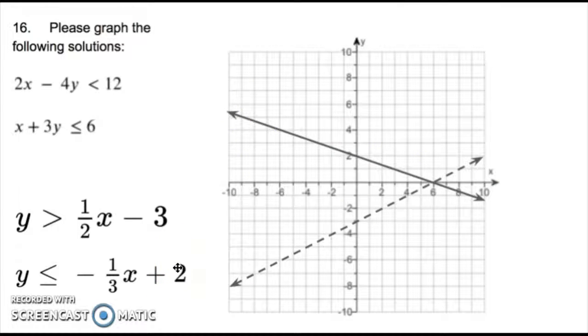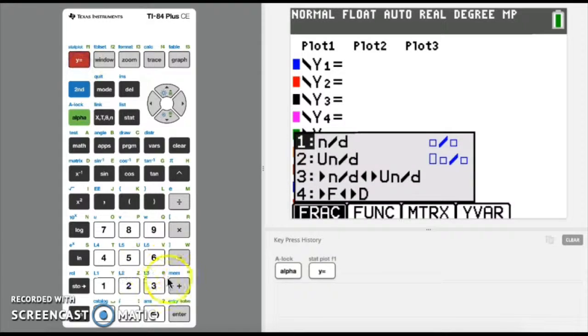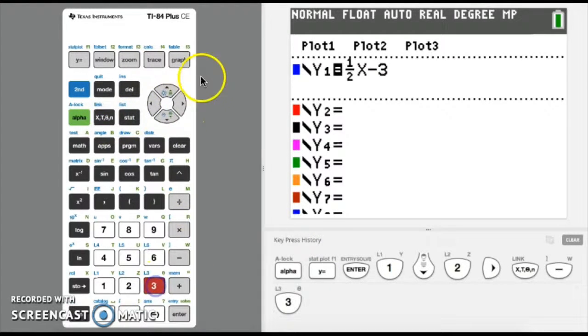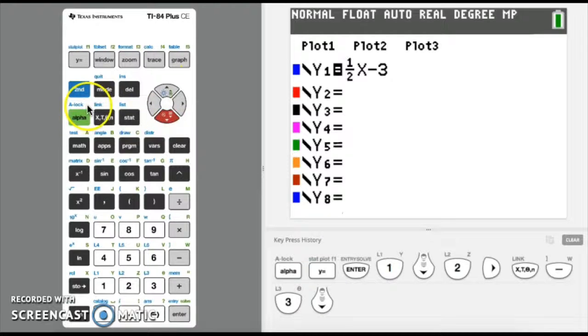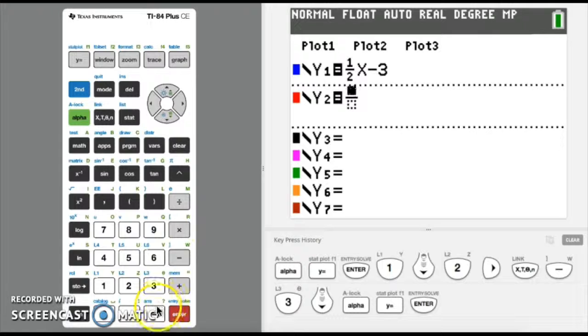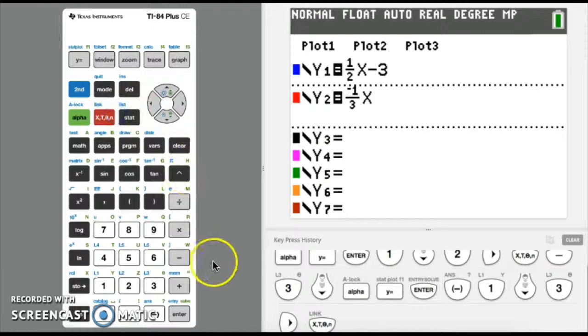So to find the shaded part, we will put it into the calculator. So the first one, I would do alpha y equals and enter and type in 1 over 2 x minus 3. The second one, I would do alpha y equals and enter negative 1 over 3 x plus 2.